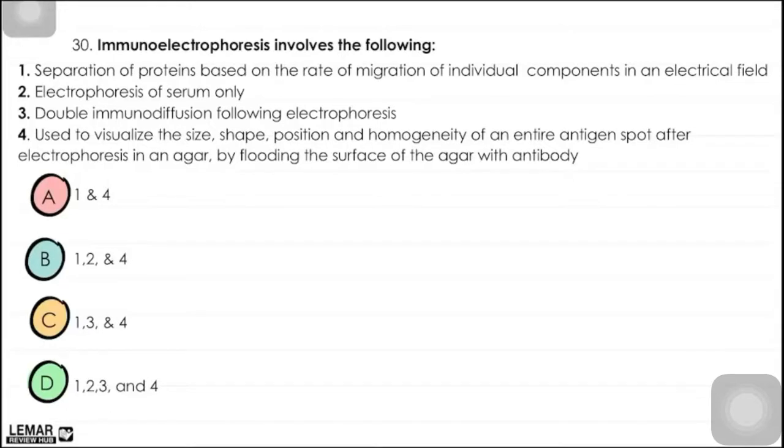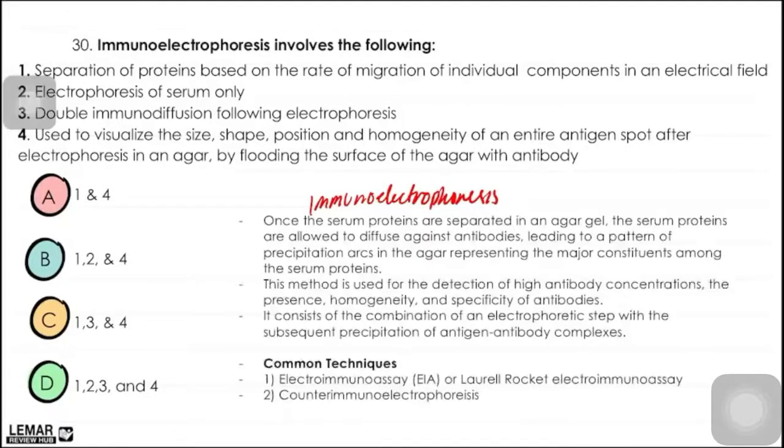involved in immunoelectrophoresis. So, let's define first immunoelectrophoresis. It is under the technique of electrophoresis, but here, what we are trying to separate and identify are antigen-antibody complexes or immunoprecipitates or molecules.